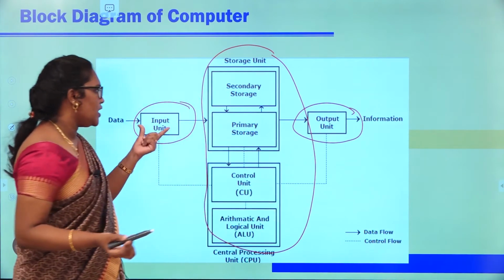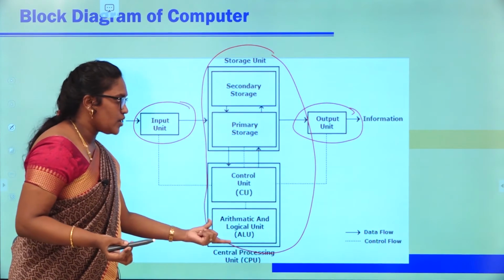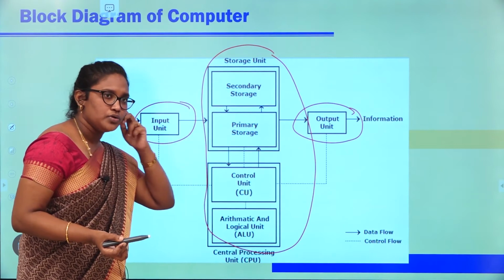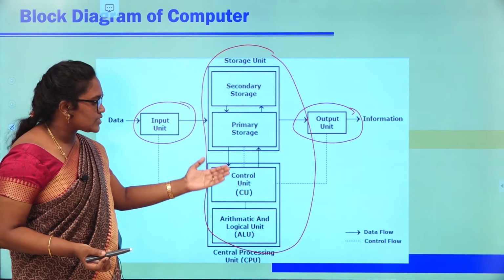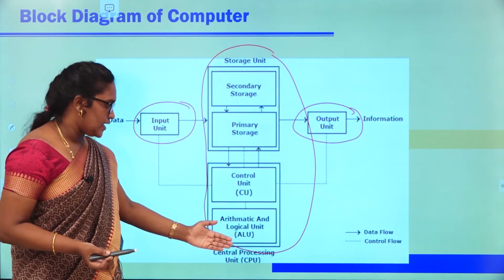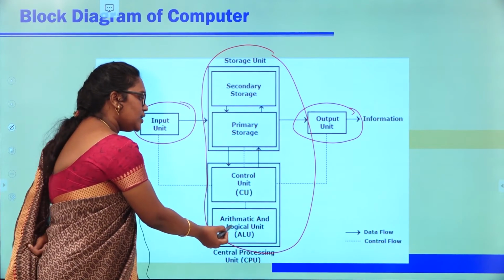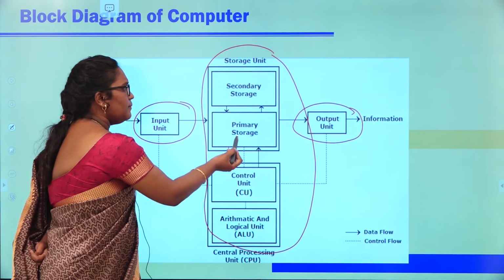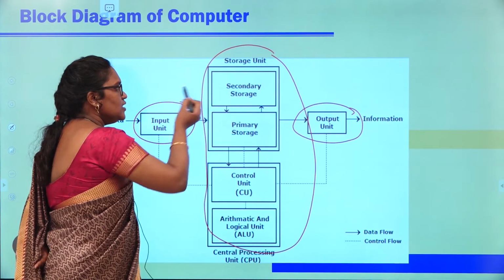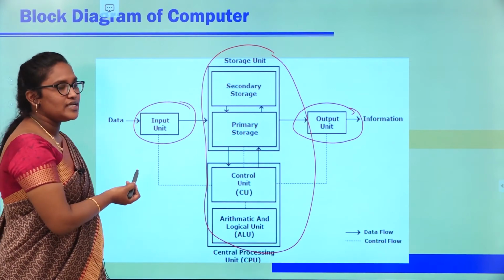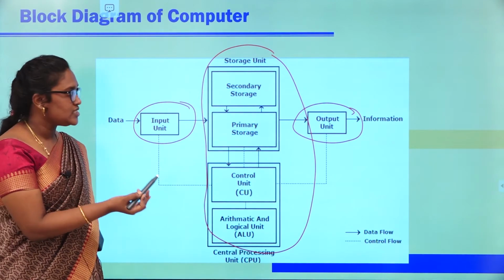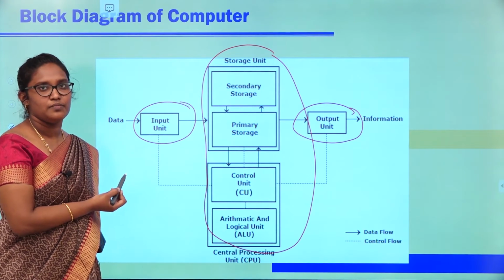So three things: input, central processing unit and output. In the central processing unit, the CPU is again classified into arithmetic logical unit, control unit, primary storage and secondary storage. We will see in detail about the functionality of the block diagram of a computer.